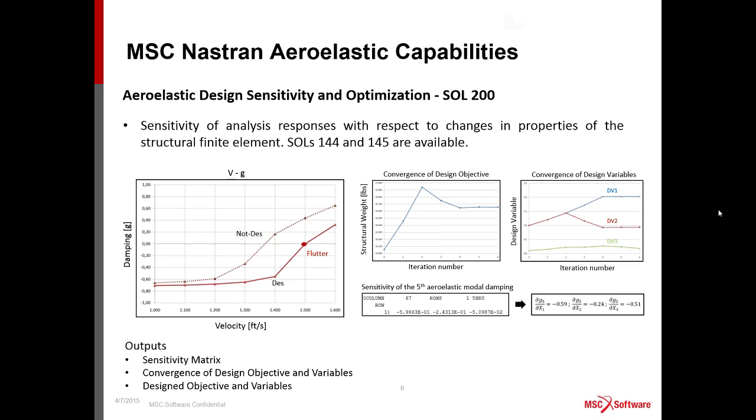In this case, I just put 3 design variables, and we can see that the first design variable, the blue line on the red graph, is the one affecting the solution the most. At the end, we can have all the sensitivity matrices punched out in the punch file, and look at each row to understand which variables affect the solution the most. And we can even have the design model directly, and use it for other elastic simulations.